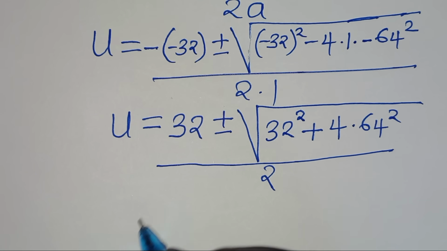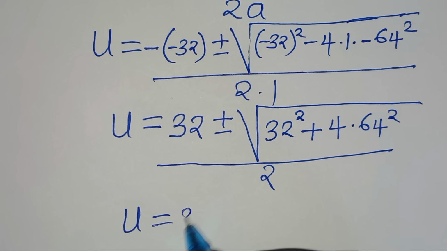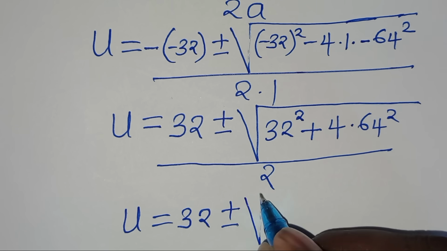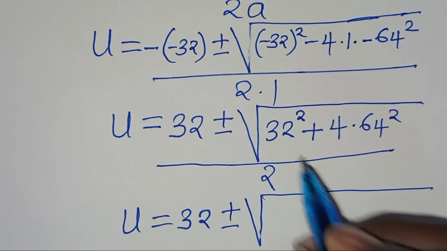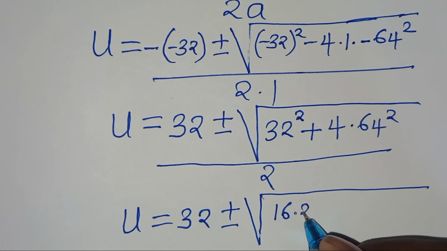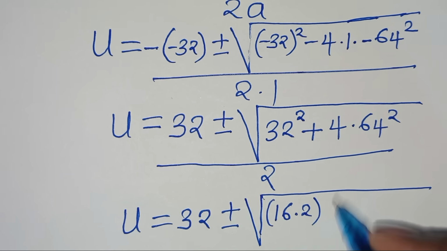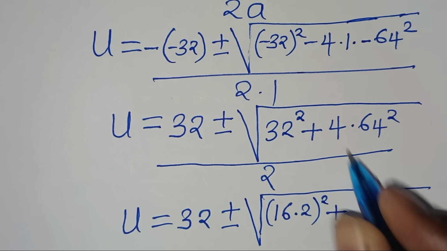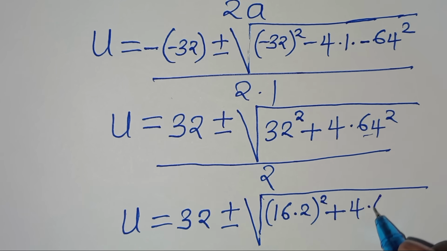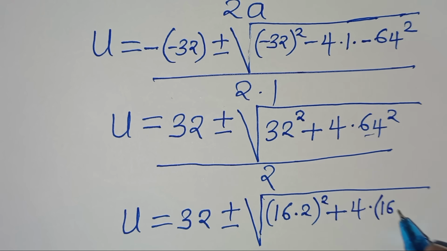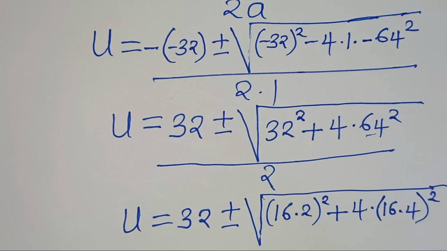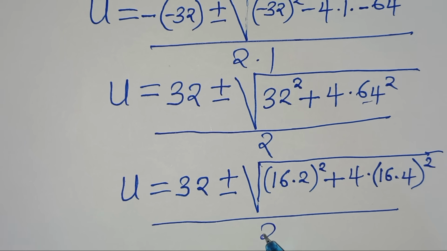Now, the next step is that we have u is equal to 32 plus or minus the square root of, we can express that 2, this is the same thing as 16 multiplied by 2, raised to the power of 2, then plus 4 multiplied by 64. 64 is the same thing as 16 multiplied by 4, then raised to the power of 2. Everything here divided by 2.